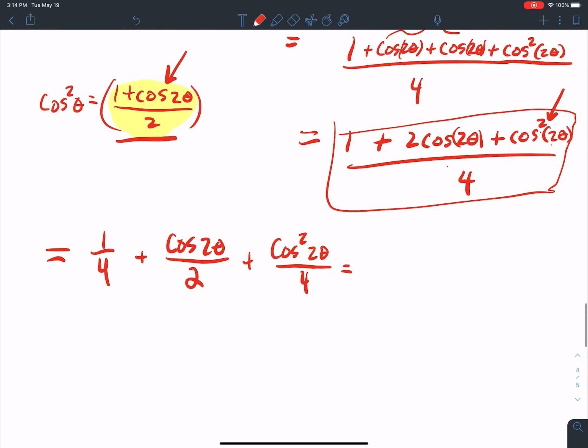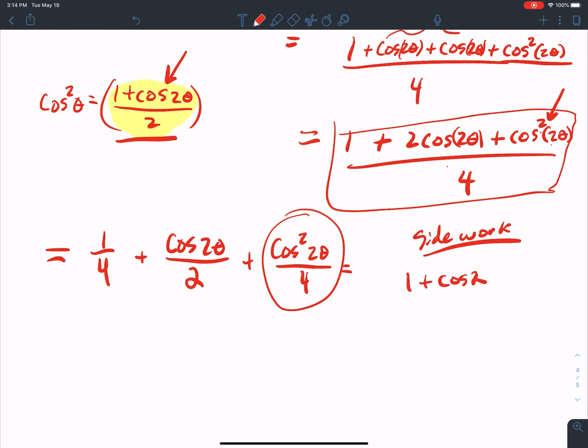So this piece right here, side work, this is going to be 1 plus cosine 2. And now look, this is very important here. This says the cosine squared of the angle is double whatever that angle is. Well, this is cosine 2 theta. Well, what goes in here is double the 2 theta.